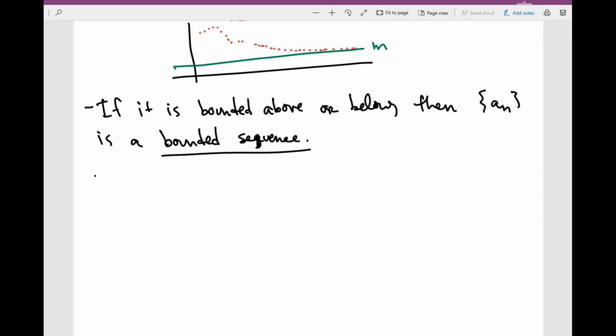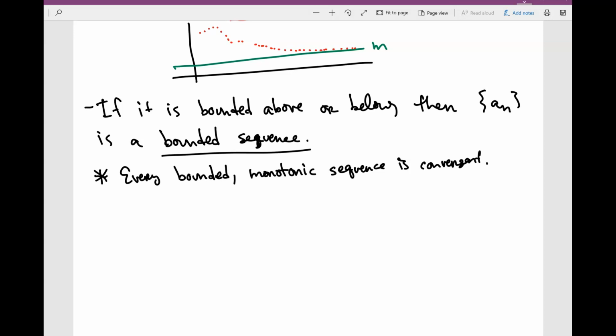So, one more thing to add: every bounded monotonic sequence is convergent. And I think that makes sense. If you have a monotonic sequence that's either always increasing or decreasing, and it's bounded above by a maximum number, you know that it's going to converge to something.